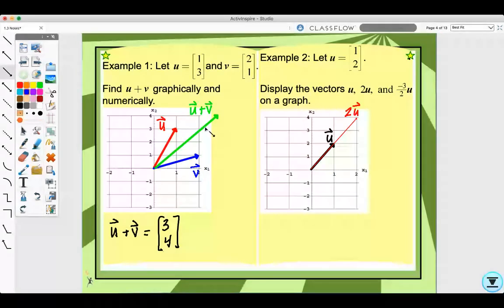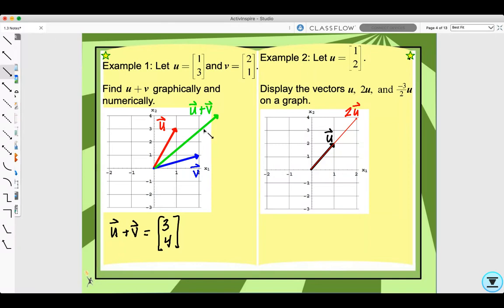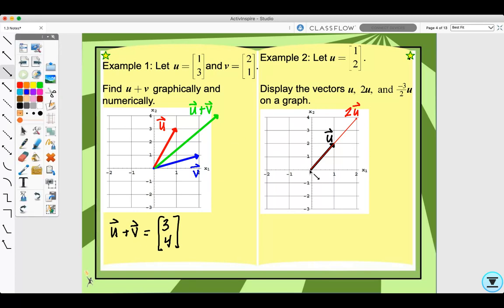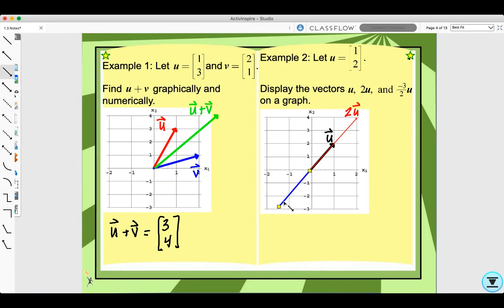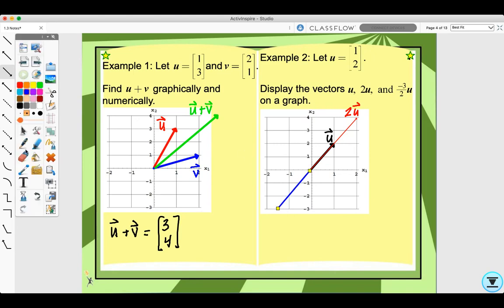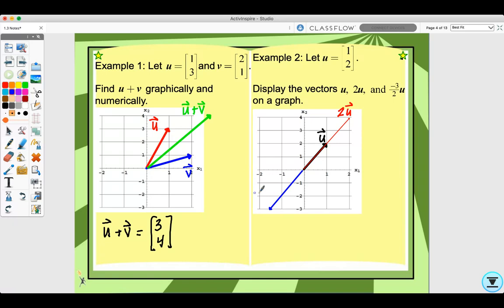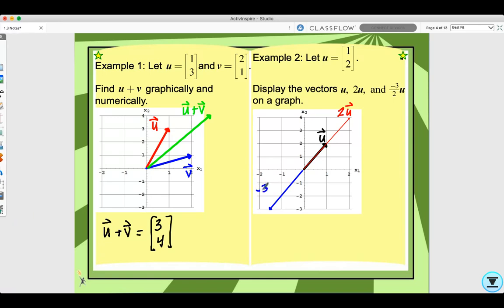Negative 3 halves u would be negative 3 halves and negative 3. So this would be negative 3 halves u.